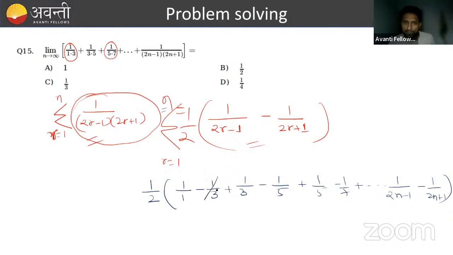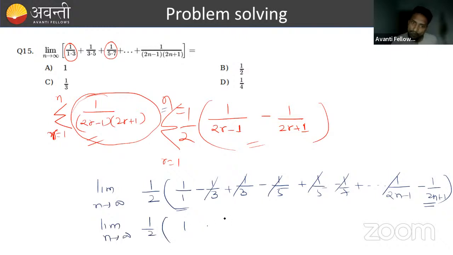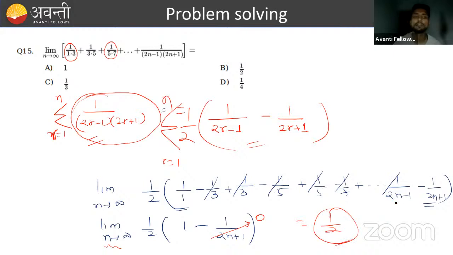So everything will get cancelled, and we will be left with only the first one and the last one. So we will get 1 by 2 times (1 minus 1 by (2n plus 1)). And you can see if n is infinity, this part will definitely become 0. So we will get 1 by 2 as the correct answer.